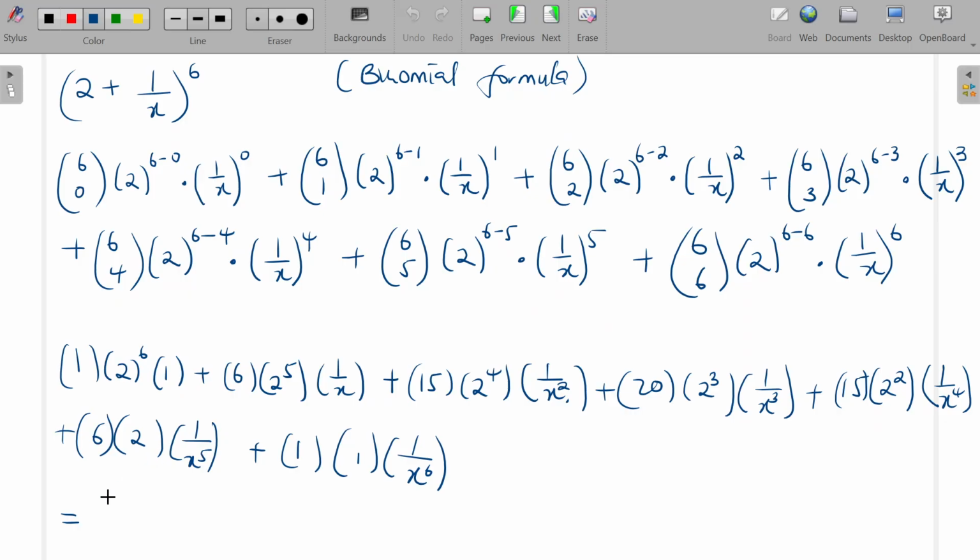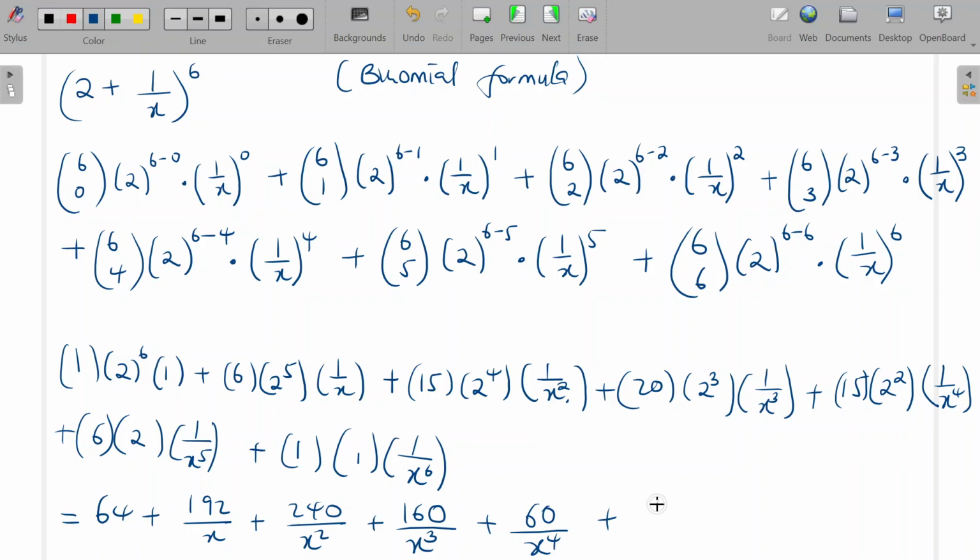So it's going to be 64 plus 192 over x plus 240 over x squared plus 160 over x to the power 3, and then plus the 60 over x to the power 4 plus the 12 over x to the power 5 plus the 1 over x to the power 6. And that's how you solve these questions.